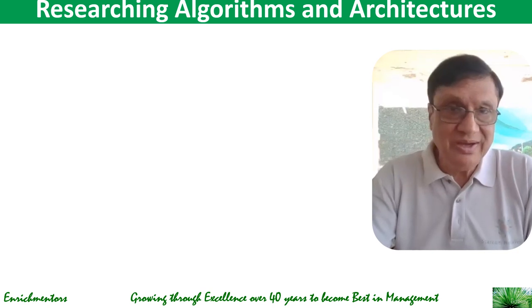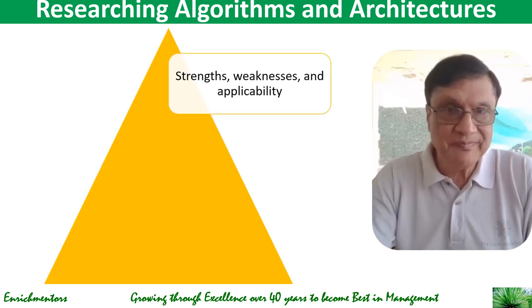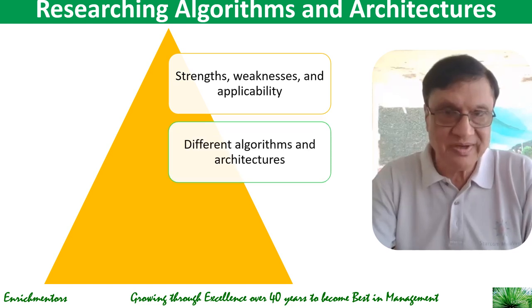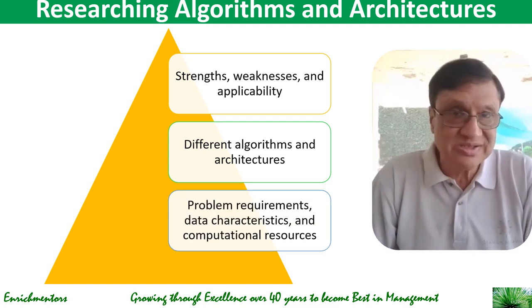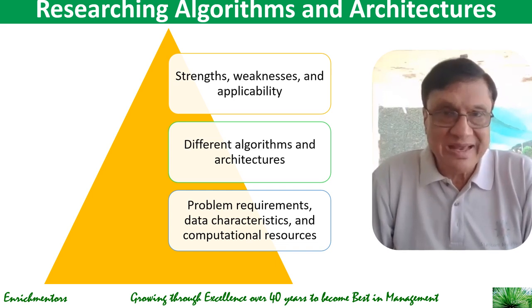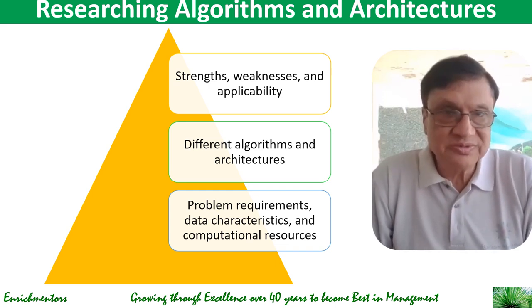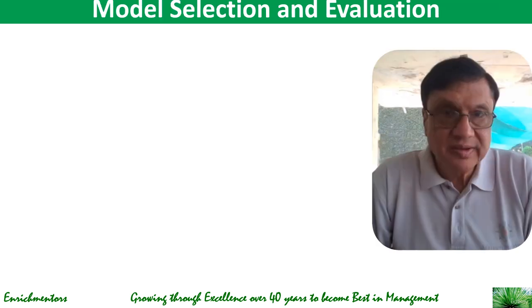Then we evaluate the strengths and weaknesses and applicability of different algorithms and architectures. You do this evaluation based on the problem requirements, data characteristics, and computational resources. So that's how you evaluate the different algorithms. You figure out their strengths and weaknesses and applicability.